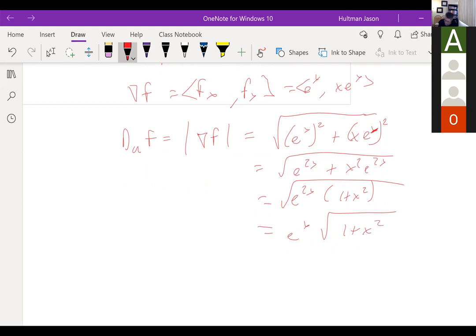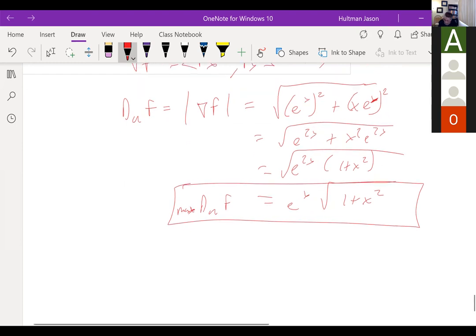Okay. And we want to evaluate this at the point (2, 0), right? So this is D_u f, the max derivative. The maximum derivative is this thing.